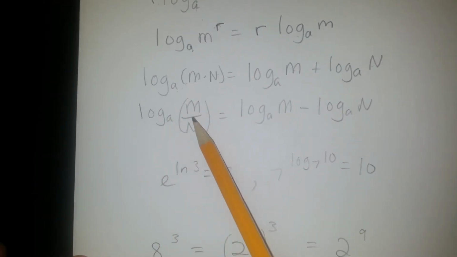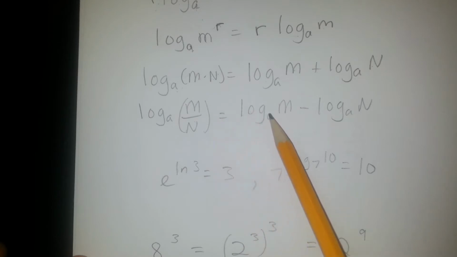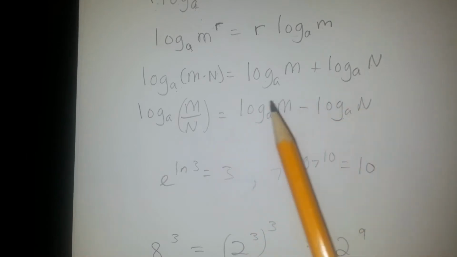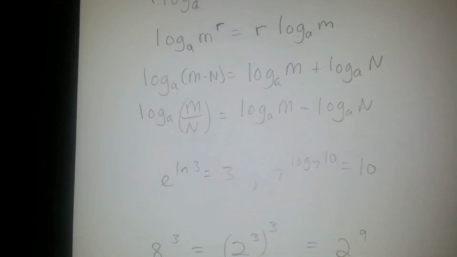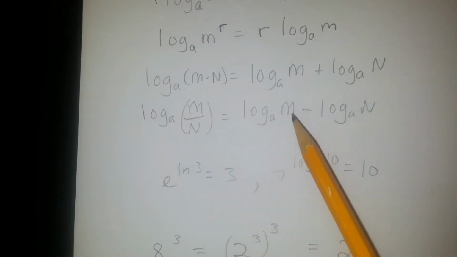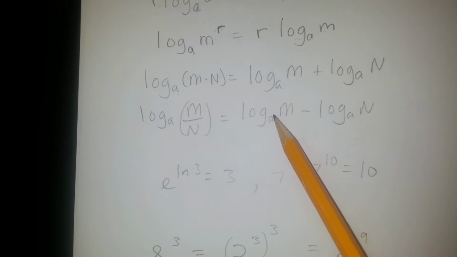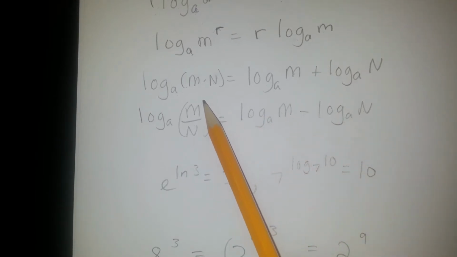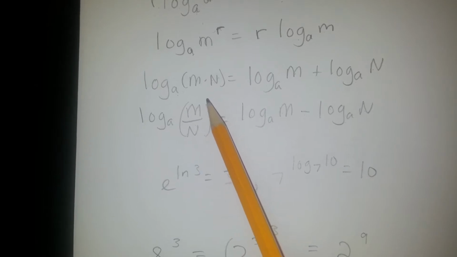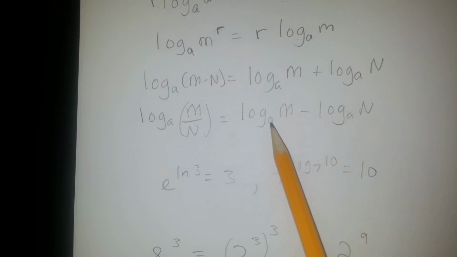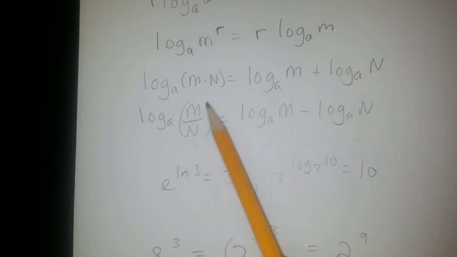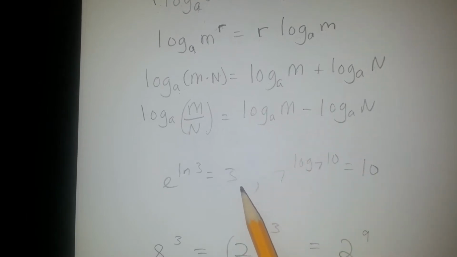Log base A of m divided by n equals log base A of m minus log base A of n. When you have division, it can be rewritten as the individual logs of the dividend and the divisor. You just subtract them, because remember, when you divide like bases, you subtract the exponents.